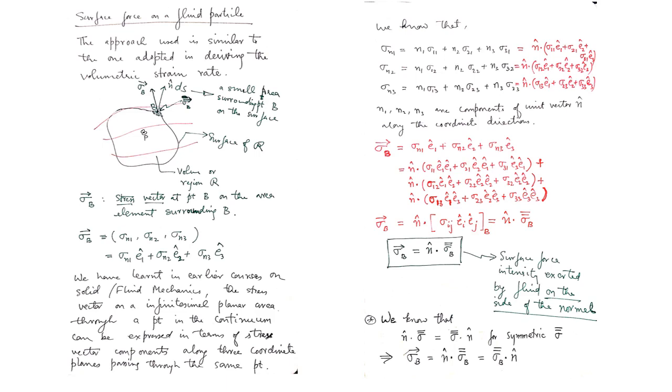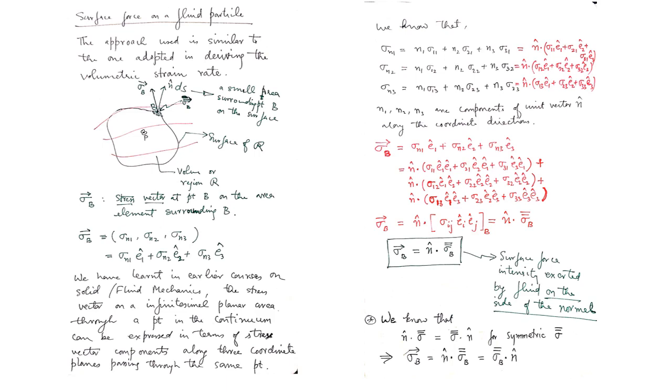On the right, only an alternative way is written: n1, n2, n3 are replaced by n cap dot e1, n cap dot e2 and n cap dot e3. This is done because these are components along the coordinate directions. So you can write n1 as n cap dot e1, similarly n2 as n cap dot e2, and lastly n3 can be written as n cap dot e3. So once you can write this like this.